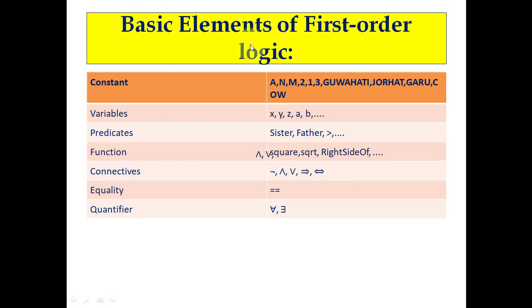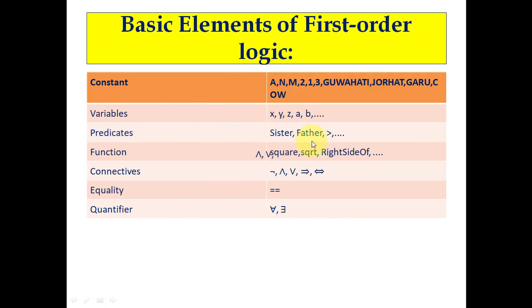Now, first of all, the basic elements of first order logic are constants. Constants means anything which is fixed or whose values are not going to change, like a, an, am, 2, 1, 3, Guwahati, Jorhat, Guru, cow. Then variables like x, y, z, a, b. Predicates are very important terms, and I will explain them with some examples. Currently, just see these examples.